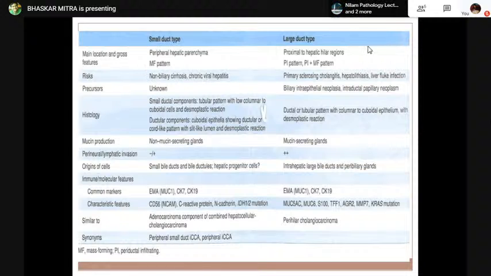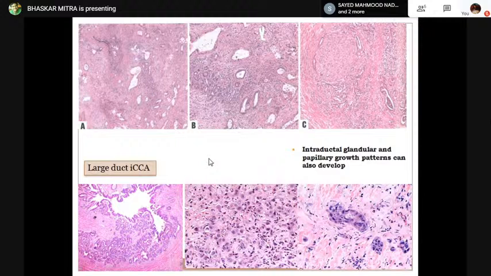But the large duct one may show a periductal infiltrating pattern, like a duct opening with duct lining epithelium showing carcinoma that is infiltrating everywhere. So that may be mass forming too, but this type of periductal infiltrating pattern is more common in the large duct areas. Now just see the morphology. This is the large duct one.